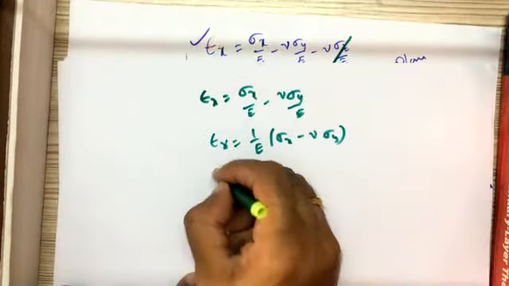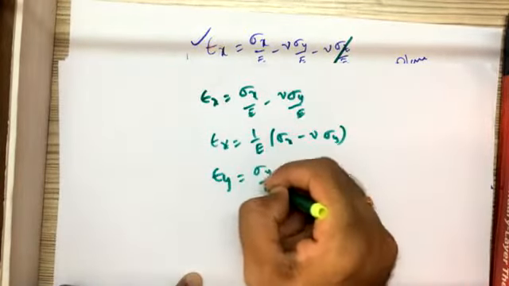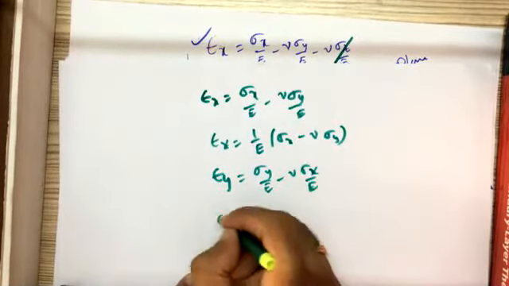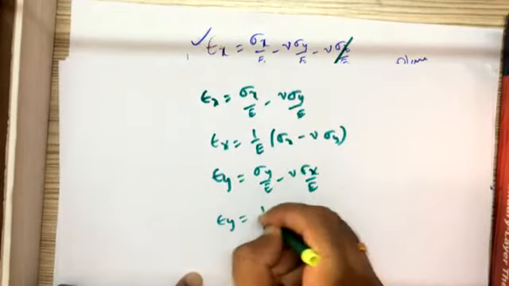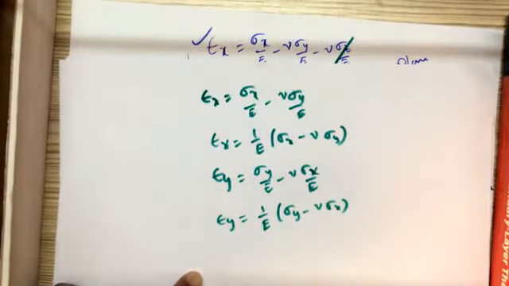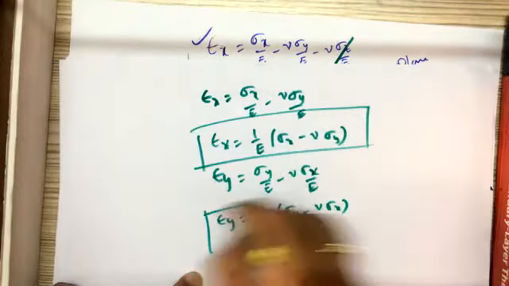Similarly, epsilon y is equal to sigma y by E minus mu sigma x by E. So epsilon y is equal to, if I take 1 by E common, sigma y minus mu into sigma x. So this is your epsilon x and this is your epsilon y.